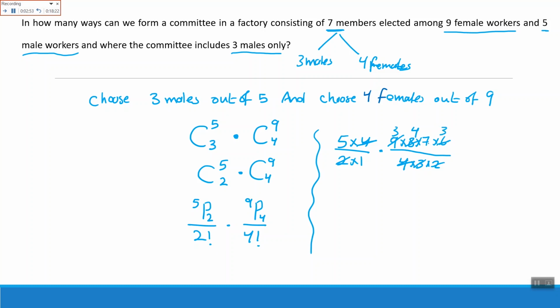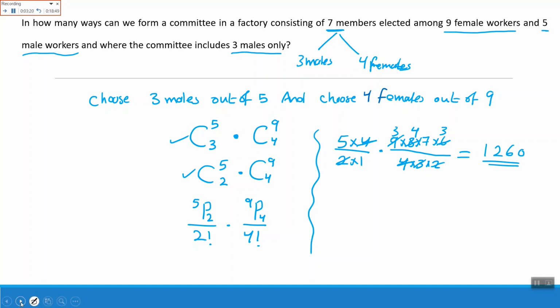So the answer is 21 times 12 times 5. 21 times 5 is actually 105, and 105 times 12 is 1260. You can have this answer in the choices, or that answer. They're all correct.